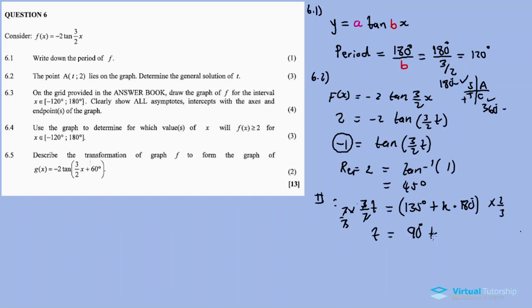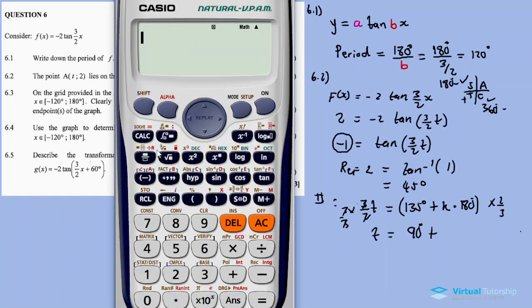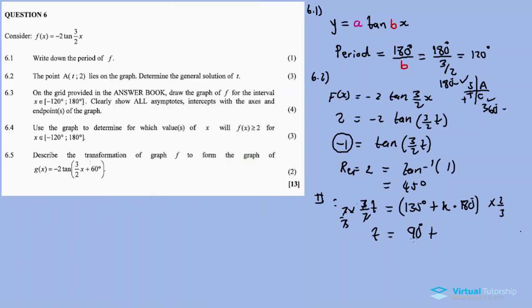Then 90 degrees plus 2 over 3 times 180, which is 120 degrees, so k times 120 degrees, where k is an element of the integers.